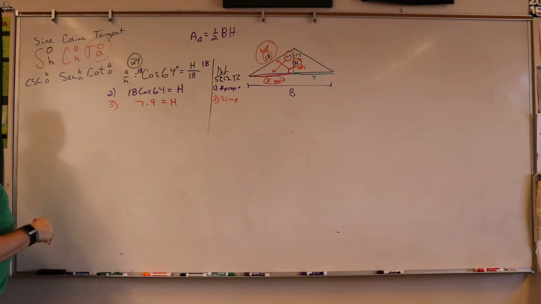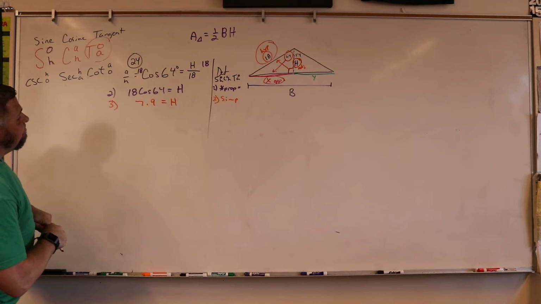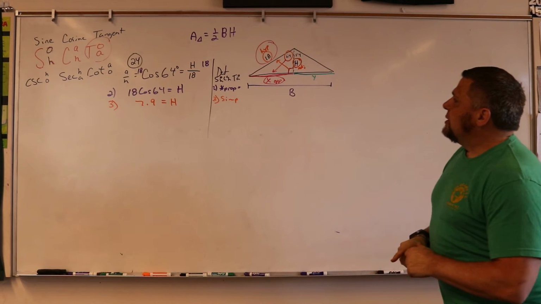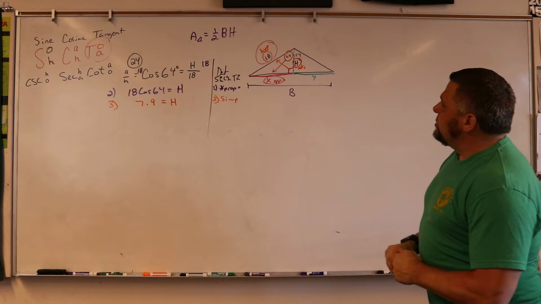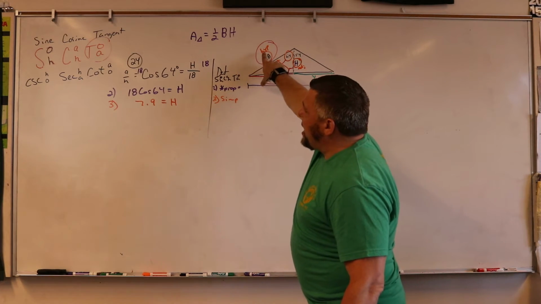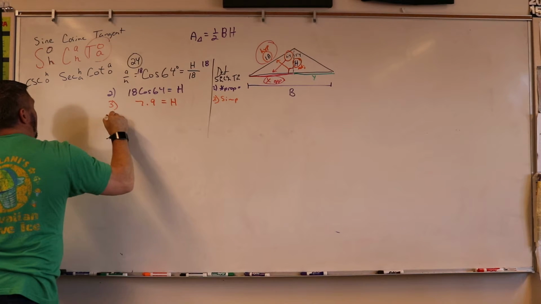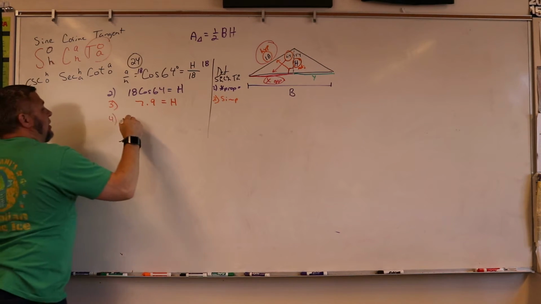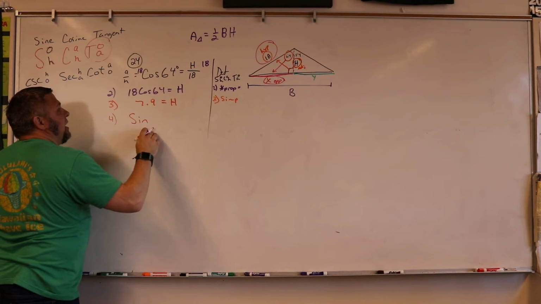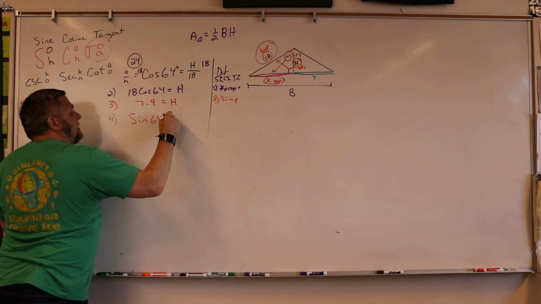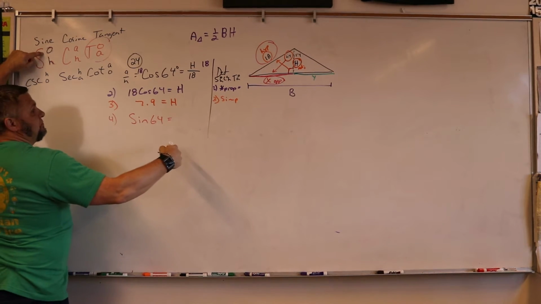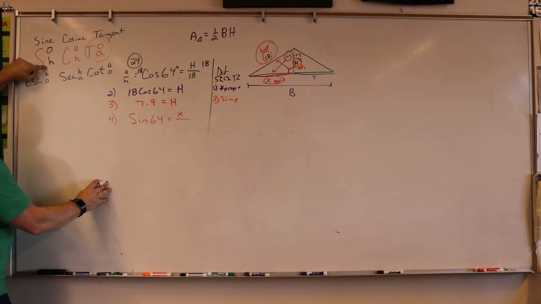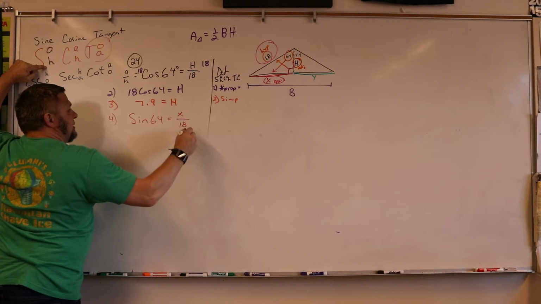Okay. So we got H. We're trying to find X. Okay. So we're going to do opposite and hypotenuse. So what uses opposite and hypotenuse? Sine. Good. So the sine of 64 is equal to the opposite, which is x, over the hypotenuse, which is 18, right?